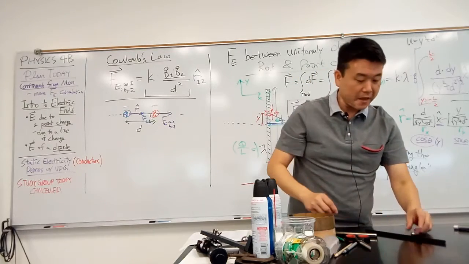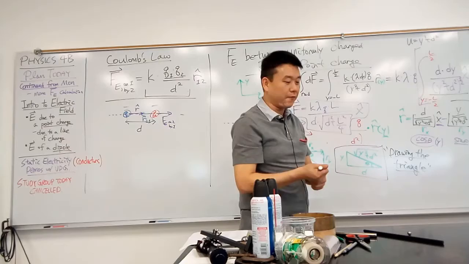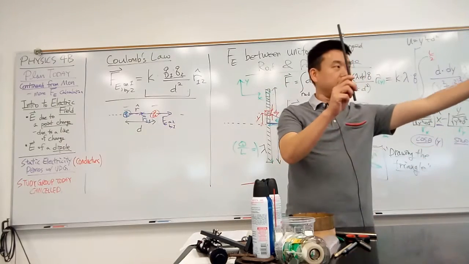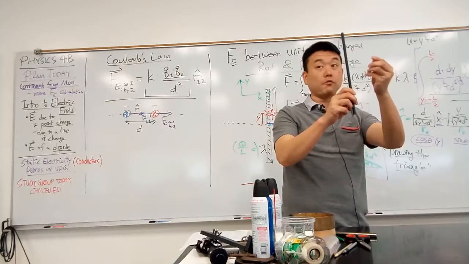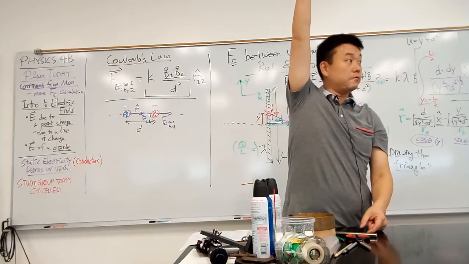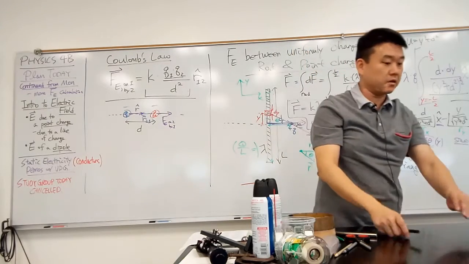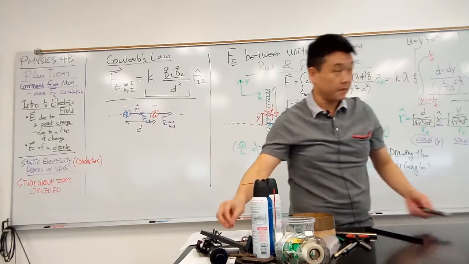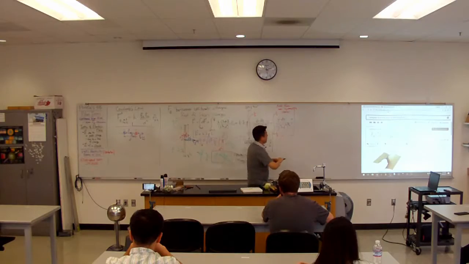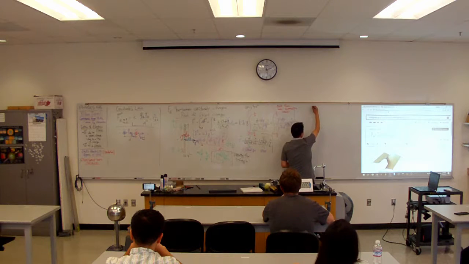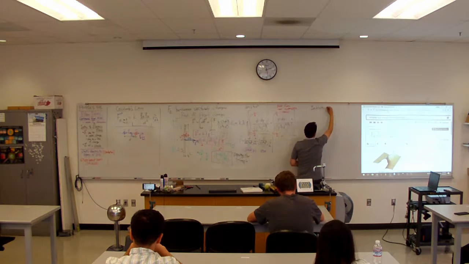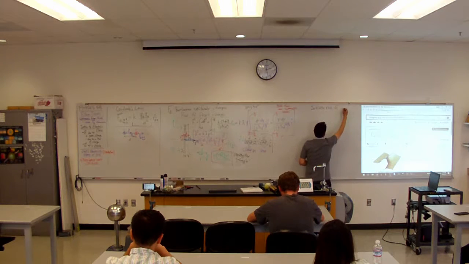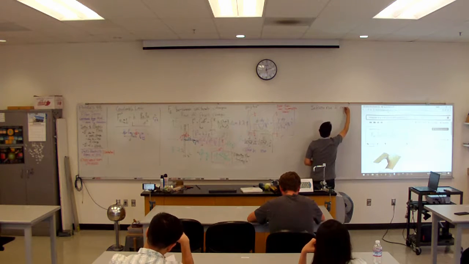Let's see what happens. I would actually like to draw it in a different way. Rather than saying that the charge is very, very close, I'll say the charge remains here, but the rod becomes very long. That's an equivalent way of saying it, right? So I can consider the interaction between an infinite rod and a point charge.